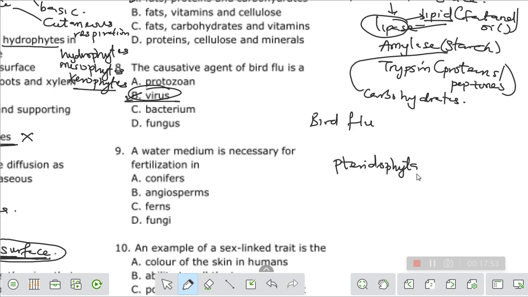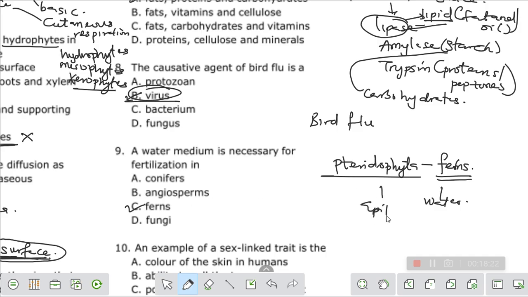If you have seen a palm tree before, you're going to see some grass growing around the neck of that palm tree. So this fern needs water for its fertilization. That's why they said a water medium is necessary for fertilization in the fern. They are like epiphytes; they are plants that grow on another plant. That's just what they are.